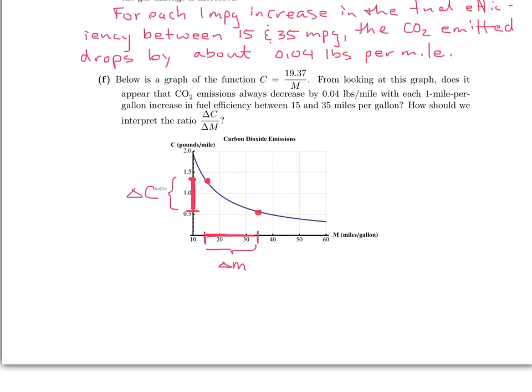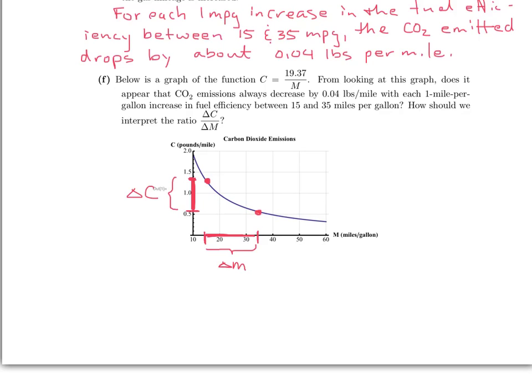Well, first, notice that the graph drops faster here than it does here. In fact, as you look at the graph from left to right, it falls more dramatically, and then as we move to the right, it slows in its fall. So it's falling faster here than it is here.